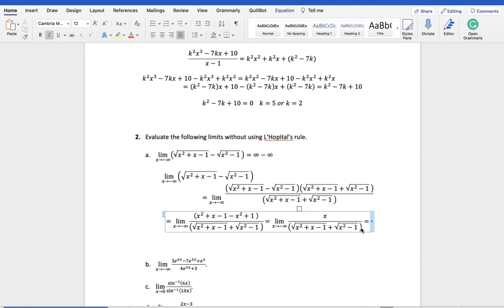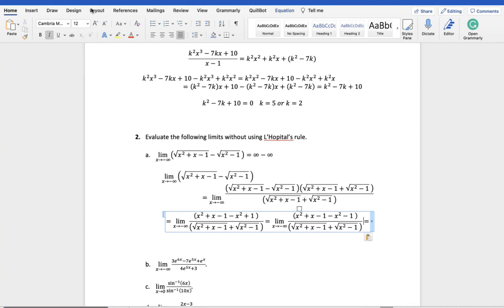So now when you have the limits of the quotient of two polynomials as x tends to infinity, you remember that one of the ways you can solve that limit is by taking the highest power in the numerator and dividing it by the highest power in the denominator, right?